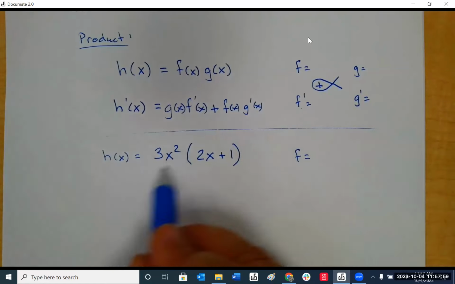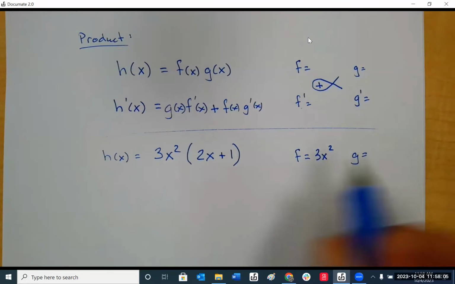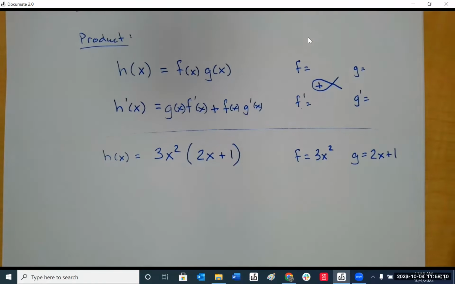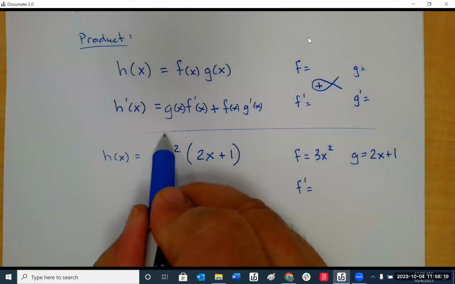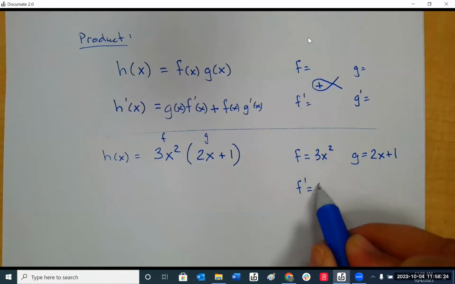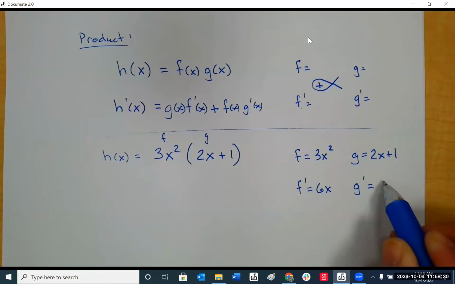It's 3x squared, the first equation. And g of x is the second one. No, we haven't gotten there. We first label f and g. So the first one is f, the second one is g. What's the derivative of f? 6x. What's the derivative of g? 2, because the derivative of 1 is 0.